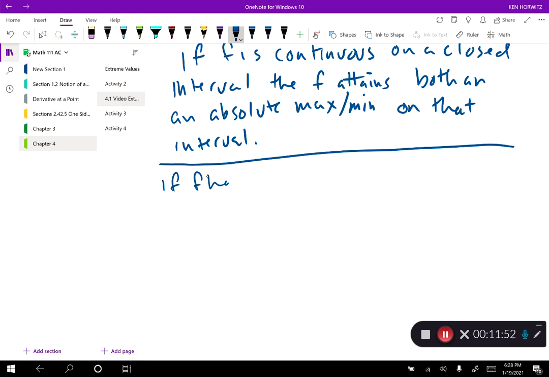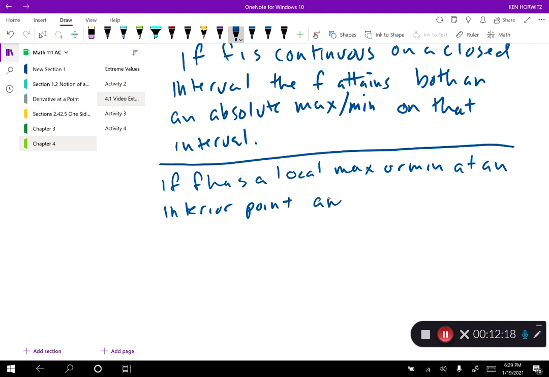If f has a local max or min at an interior point, meaning not at the endpoints of the interval, and f prime is defined, then f prime at c has to equal 0.